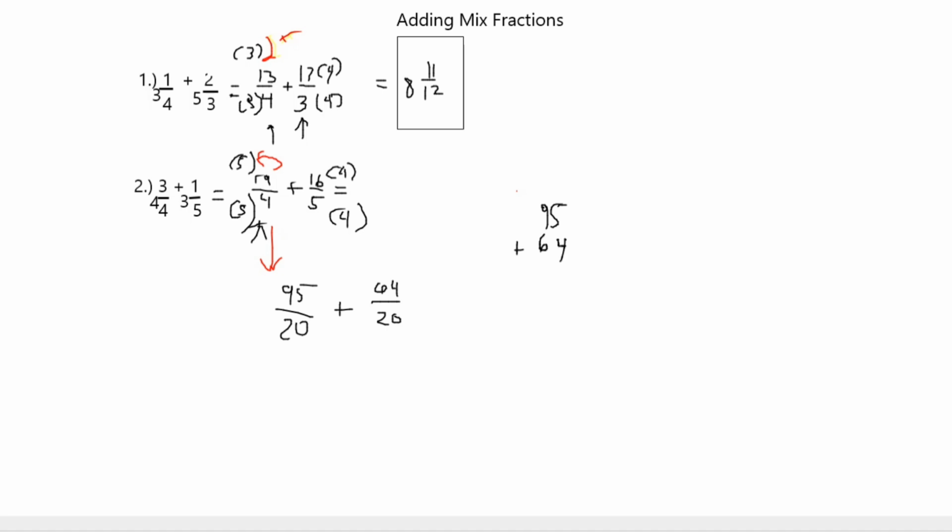So we're going to add 95 plus 64. So 5 plus 4 is 9. And 9 plus 6 is... wait, let me just count, 15. There you have it. So that's the answer for number 2.